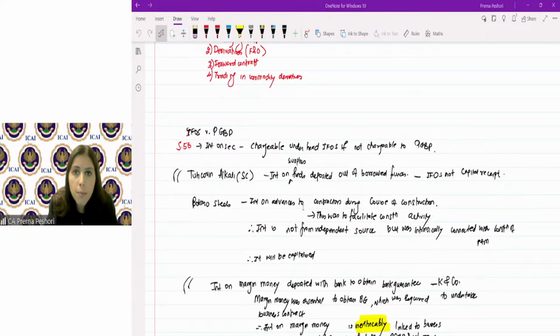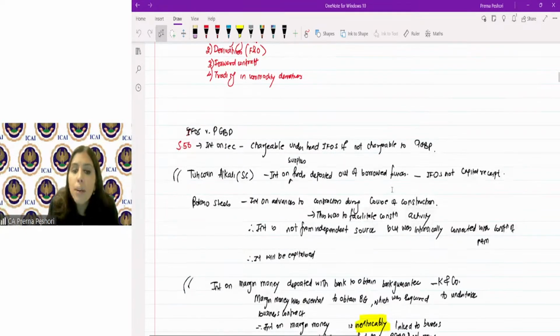So if I have borrowed the amount and there is surplus which is lying with me, so that interest will not be considered as the capital receipt to be reduced from the cost of the capital asset. That is in fact the income from other sources. Are we clear? Yes. So this is what we have already considered. Now, one more important point that I would like to highlight over here.